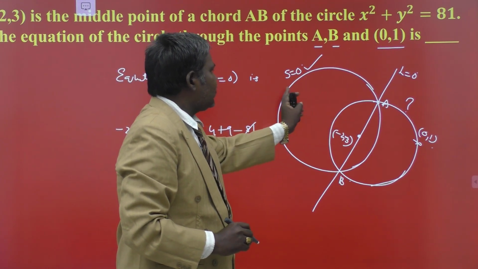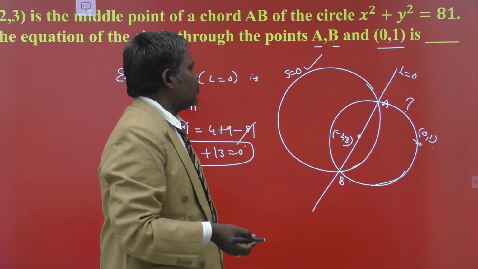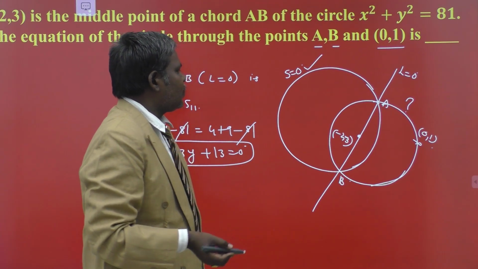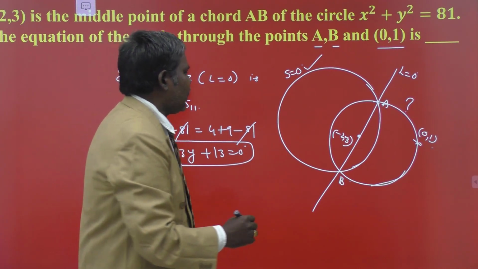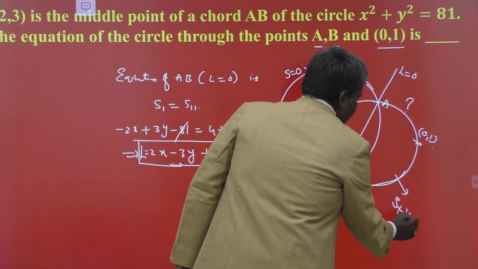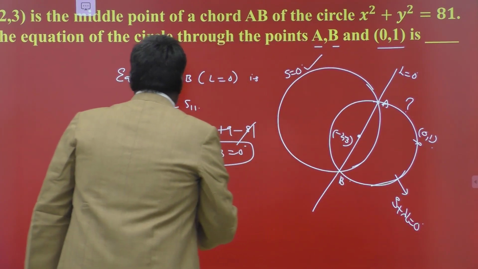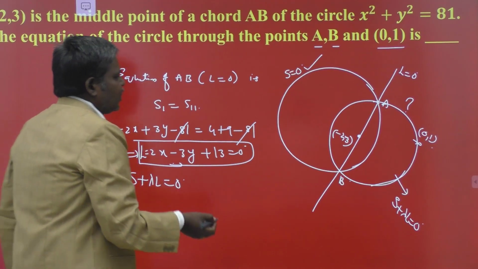The equation of any circle passing through the points of intersection of S equal to 0 and L equal to 0, we mean A, B, is of the form S plus lambda L equal to 0. The circle equation is always of the form S plus lambda L equal to 0. How many circles can you draw?